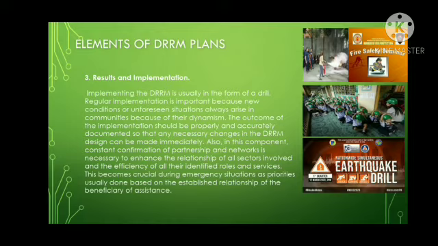Also, in this component, constant confirmation of partnership and network is necessary to enhance the relationship of all sectors involved and the efficiency of all their identified roles and services. This becomes crucial during emergency situations, as priorities are usually done based on the established relationship of beneficiary of assistance.